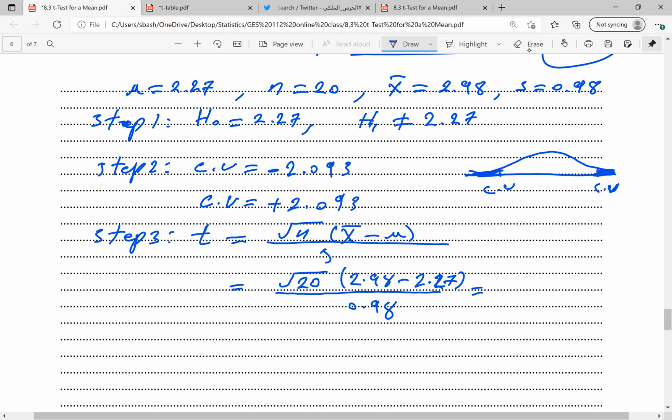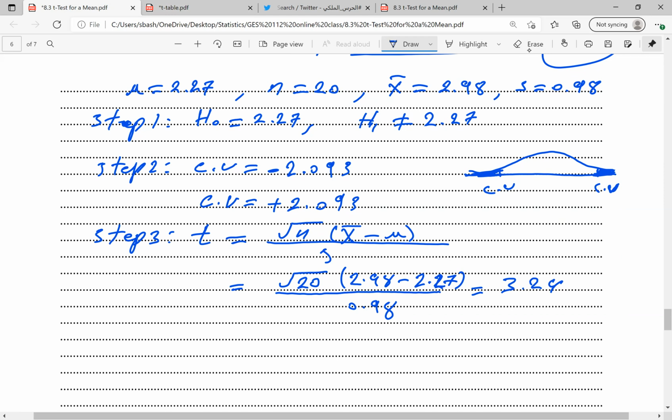It will be 2.98 minus 2.27 multiplied by square root of 20 divided by 0.98. This is equal to 3.24.